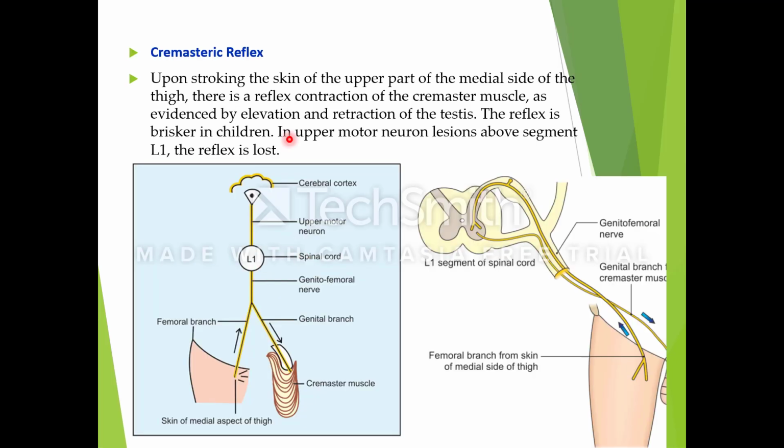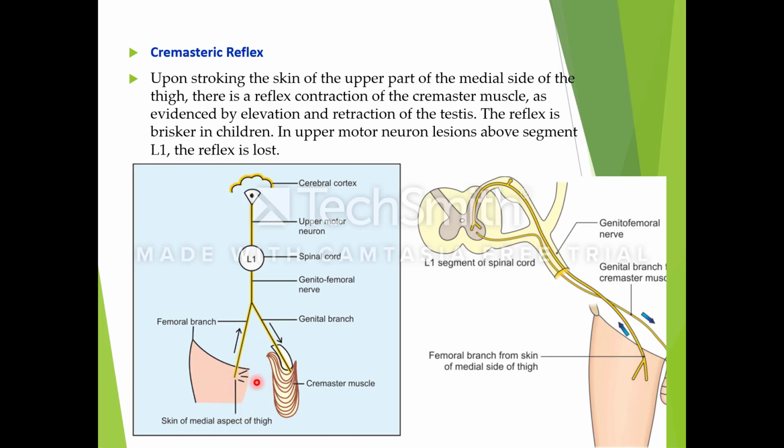Cremasteric reflex. What is the cremasteric reflex? It is a reflex which is done to check the innervation of the cremaster muscle, that is the genital branch of the genitofemoral nerve, that is L1. So if we want to check whether L1 or the genital branch of the genitofemoral nerve is working or not, we will stroke the skin of the upper medial side of the thigh.